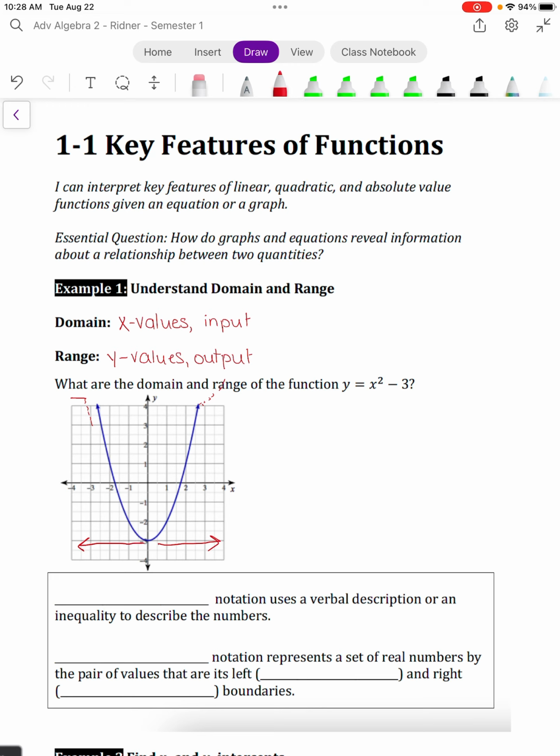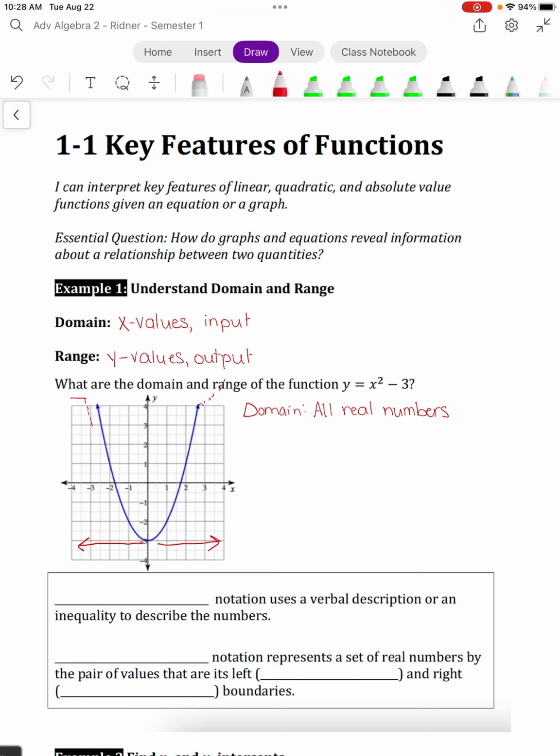So we say that the domain is all real numbers. Now we're going to talk about a couple of ways to write that because mathematicians are too lazy to actually write all real numbers.